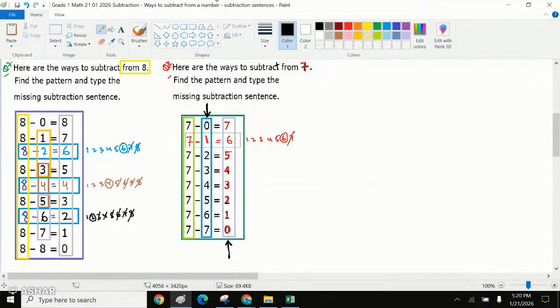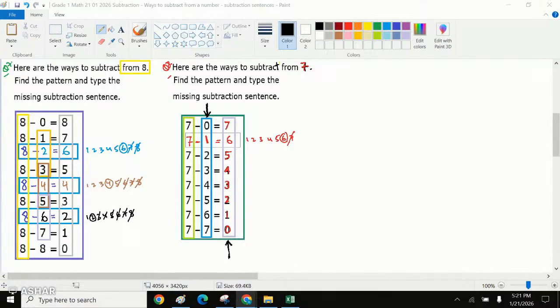These 8 terms over here, the answers for these 8 terms are the reverse of the subtracted order. It was 0, 1, 2, 3, 4, 5, 6, 7. This becomes 7, 6, 5, 4, 3, 2, 1, and 0. Just the reverse of the order. So whenever we are finding missing subtraction sentences, we can look at the pattern, find the pattern, and use the pattern.